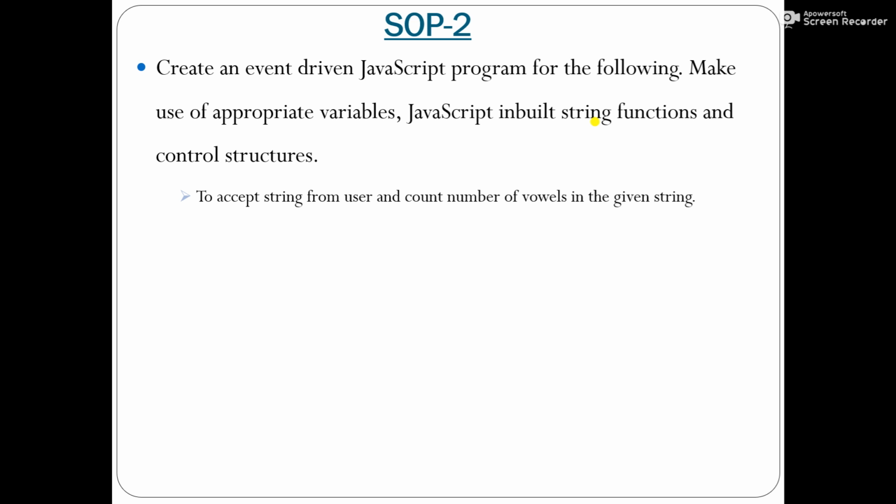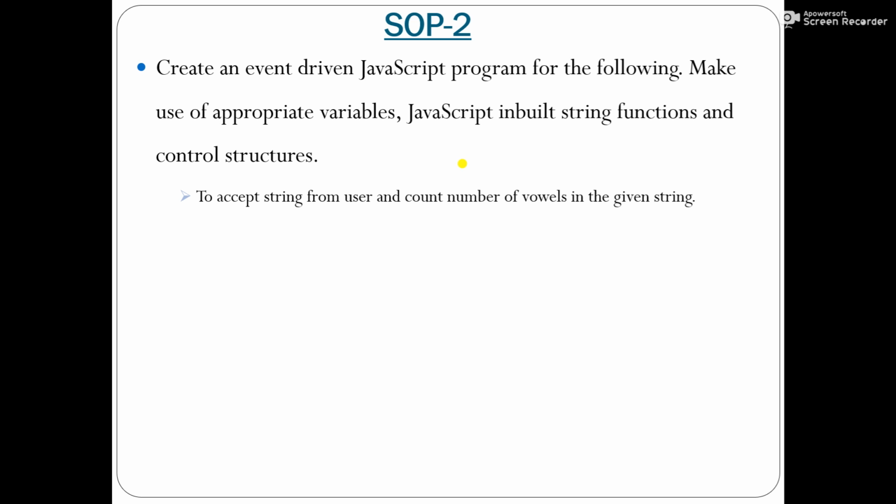That is why it is called an inbuilt function. If I have to use the function, I simply need to call the function by its name, either by passing some arguments or no arguments. And control structure means what? You have already seen control structure. So today we will see what control structure we will be using for this particular practical.